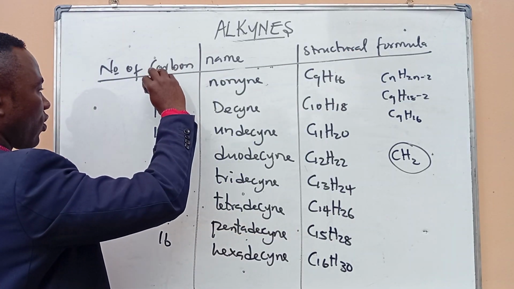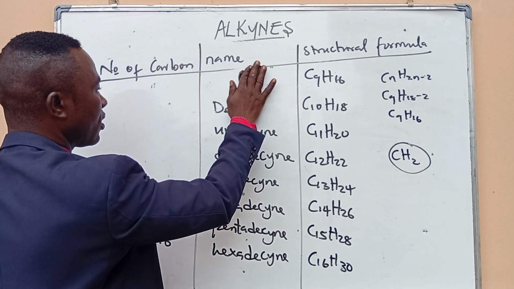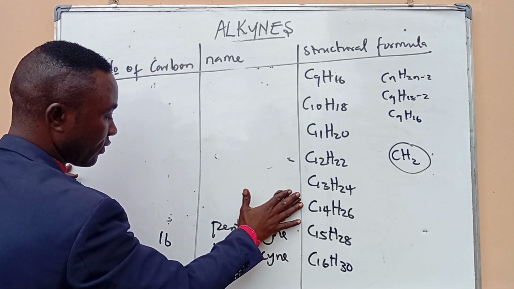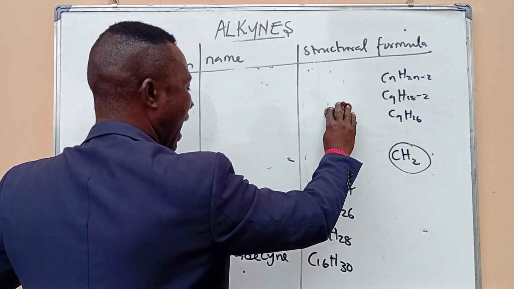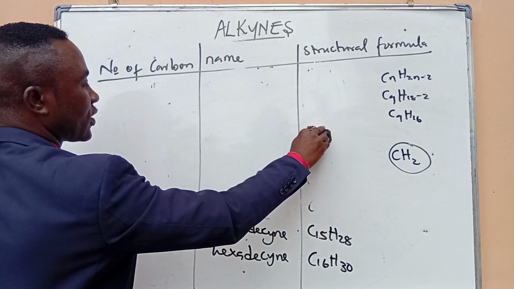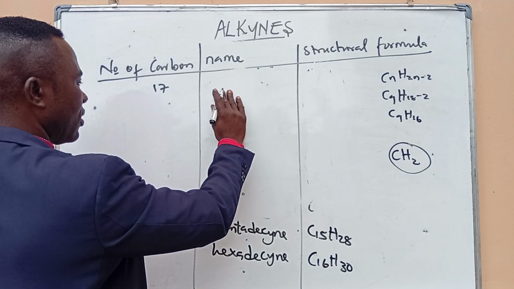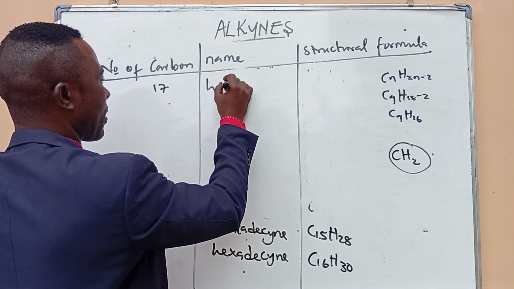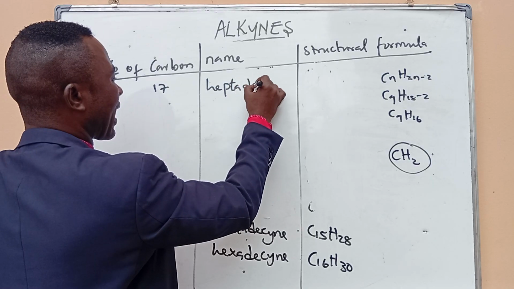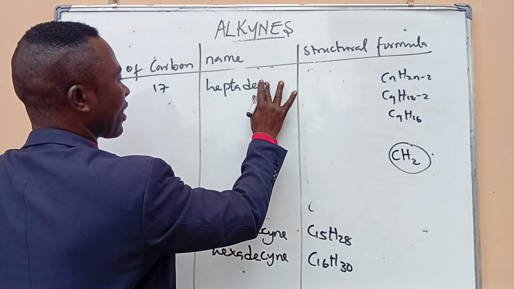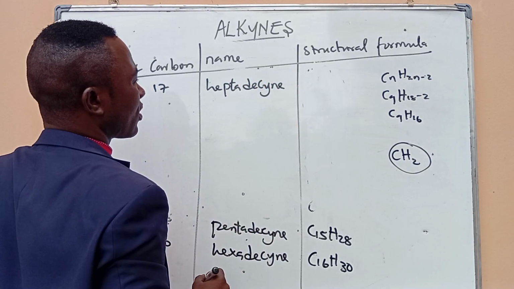Then if we go further, we will go to the 17th member of the alkyne series. Number 17 is heptadecyne.